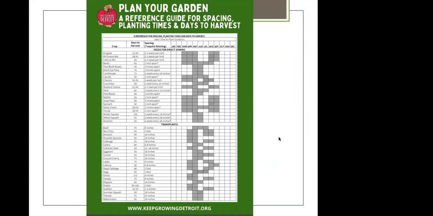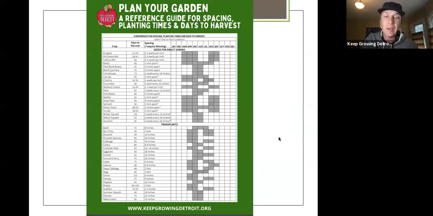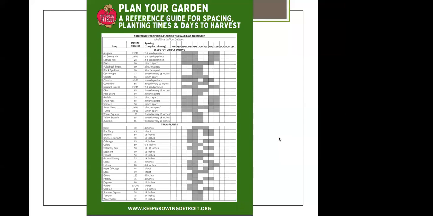So these are the months that you can plant your crops. Tomatoes, you're safe to plant in May and in June, and then you'll have a harvest afterward. So these are safe planting periods for all of these crops here, okay?